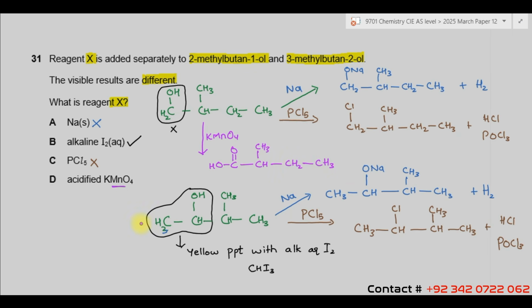For this one, secondary alcohol is also going to be oxidized to a ketone. So in both cases, the color will be changed. For KMnO4, it will become colorless from purple. The only correct option is therefore B.